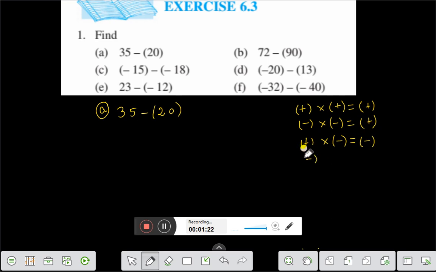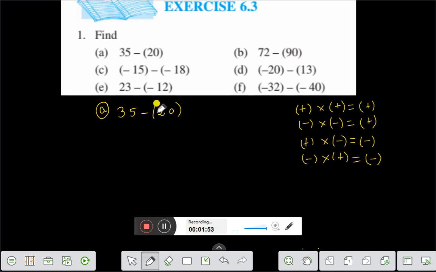And minus multiplied with plus, we again get minus. This is the multiplication rule for the signs: plus into plus is plus, minus into minus is plus, plus into minus is minus, minus into plus is minus, right? Now we'll solve the problem 35 minus of 20.